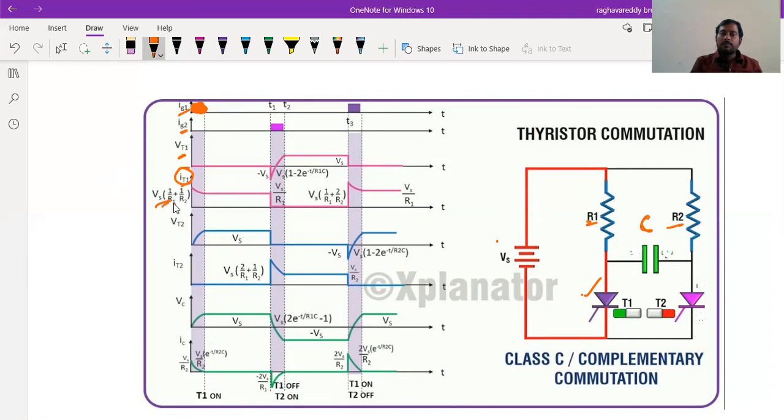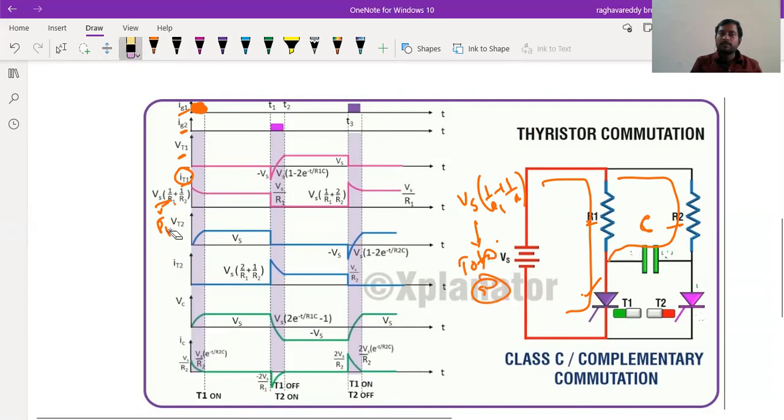Vs by R1 is the current through this one. Vs by R2 is the current through the capacitor. So Vs into (1 by R1 plus 1 by R2) is the total supply current.